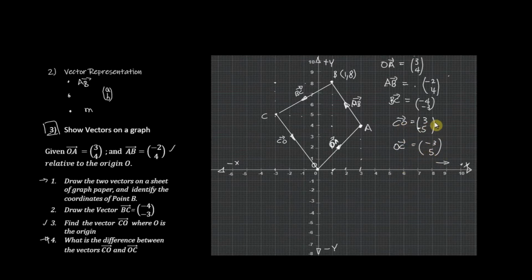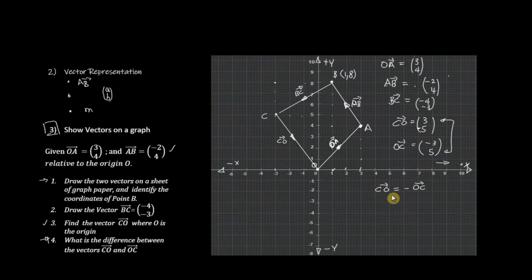Now, if you can see what I'm seeing immediately, then I am seeing immediately that CO, the vector CO, is really negative 1 times the vector OC. So this is an important observation.